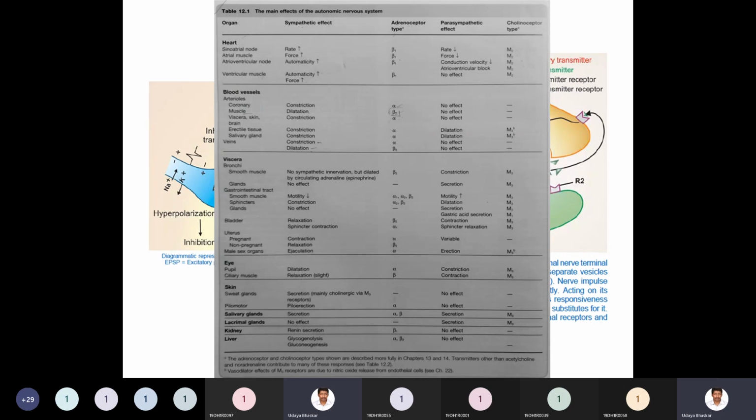So this table summarizes, for example, if you see the heart, it will have mainly four parts when we are concerned with the receptors. The receptors present in the heart are mainly at the sinoatrial node, atrial muscle, that means auricles, the atrioventricular node, then ventricular muscle.